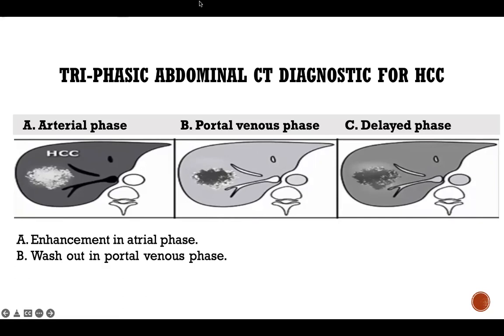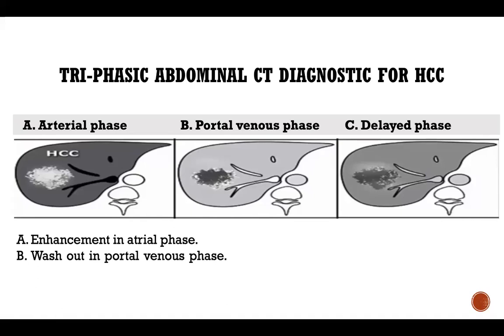Okay. The liver normally takes 70% of its blood supply from the portal system, and only 30% from the arterial system.